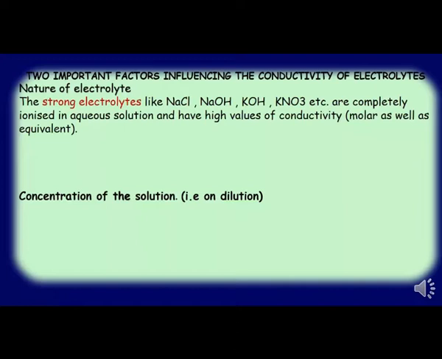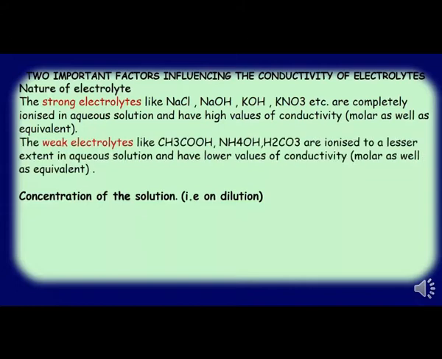Then there are weak electrolytes or organic acids. The simplest one is acetic acid. You can also call it ethanoic acid. Then ammonium hydroxide and carbonic acid.